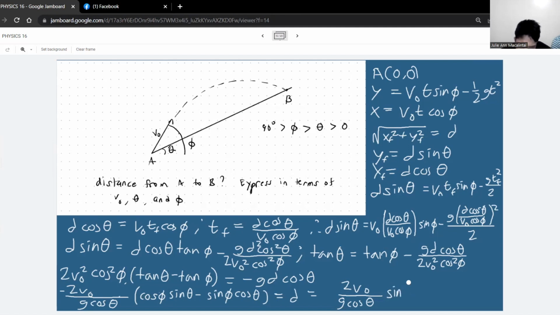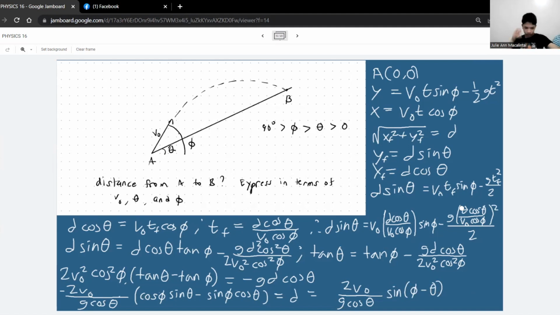Divide by cosine theta. So we divide by g cosine theta.